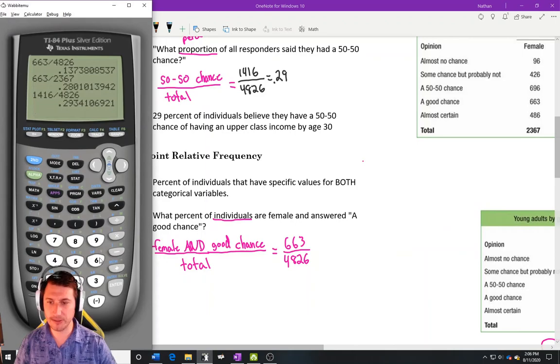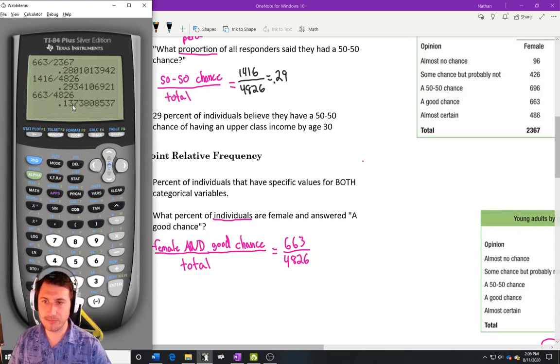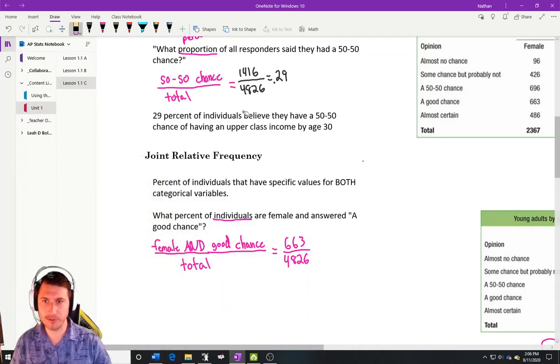So pull up the calculator. 663 divided by 4,826. Enter. 0.13, let's say the 7 rounds the 3 up to a 4, so 0.14.